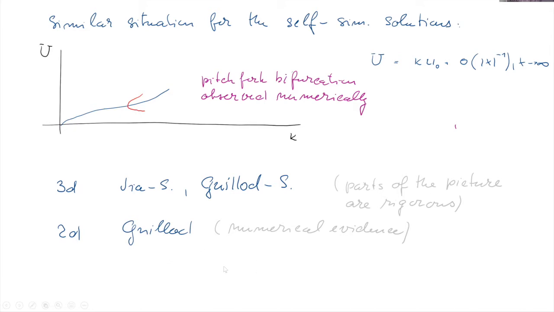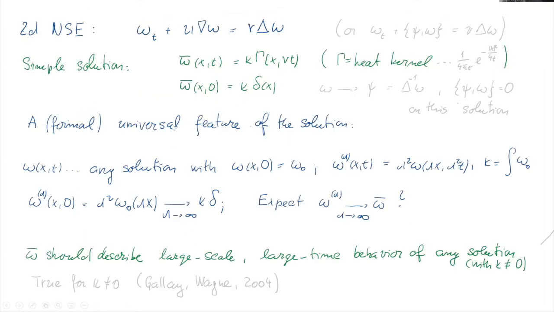So in 2 dimensions, one can do exactly the same calculations, and one sees a very similar scenario. So even in 2 dimensions, it seems that the equations are not well posed in BMO^-1.